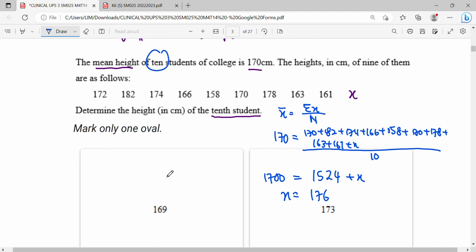Okay? So that is your last data, X, which was unknown.